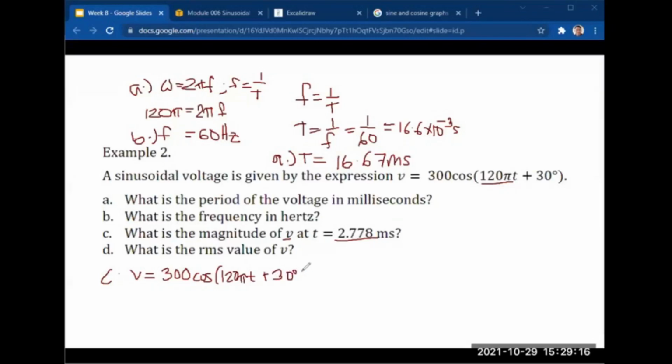As we mentioned earlier, this is in radians and this is in degrees. So we need to convert this one to degrees so we can solve the whole equation.